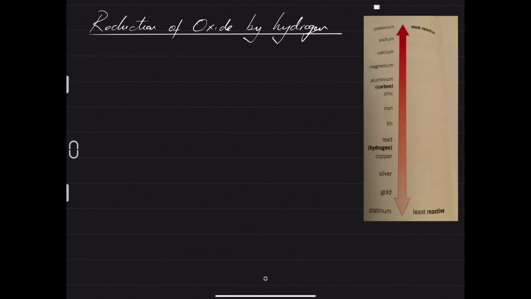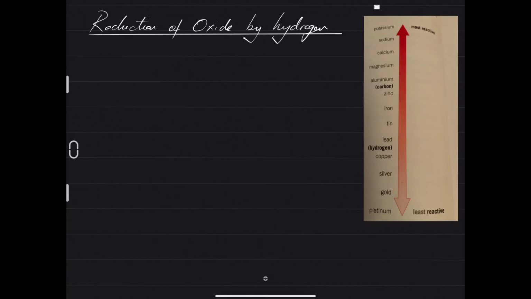This is because sometimes it's beneficial to reduce the compound via hydrogen than carbon, because we have certain extra reactions that take place, which again make the metal that's been extracted less pure. For example, tungsten is one example.